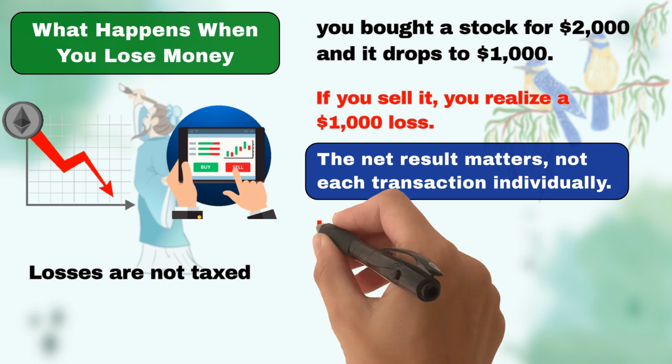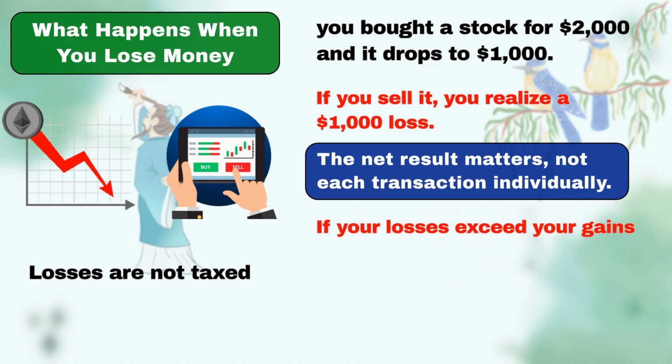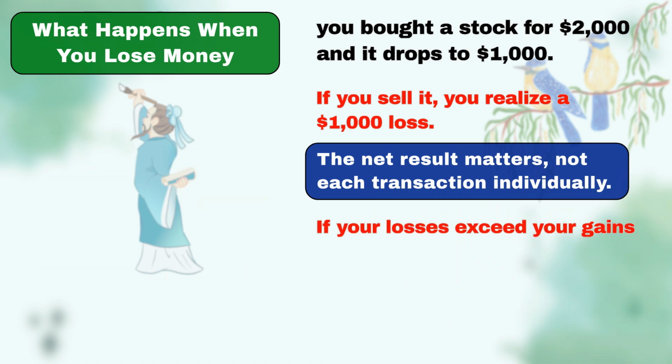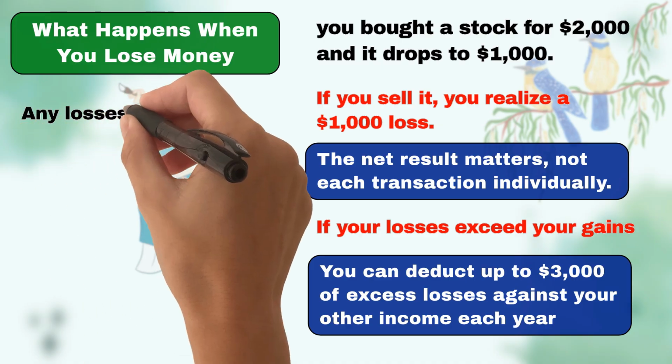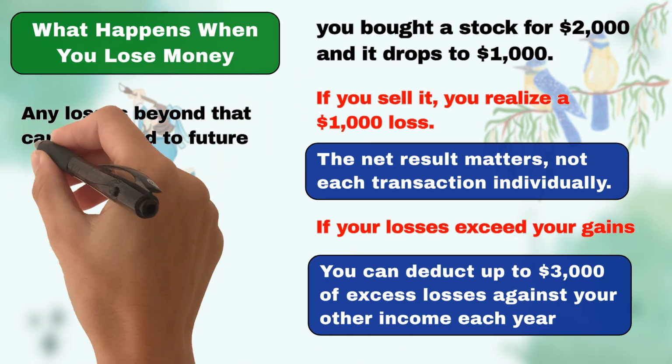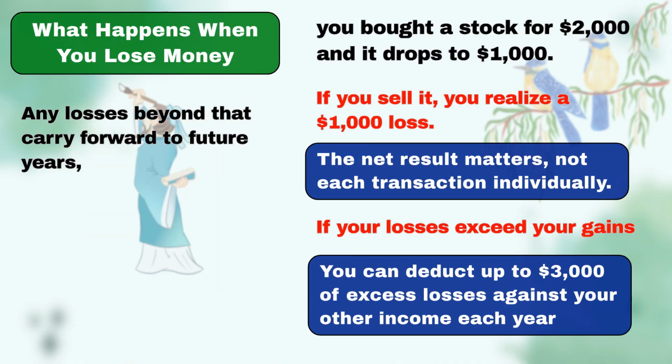Now, if your losses exceed your gains, there is another helpful rule. You can deduct up to $3,000 of excess losses against your other income each year, like wages from your job. Any losses beyond that carry forward to future years, so you never lose it.